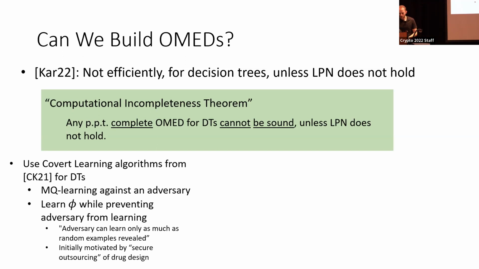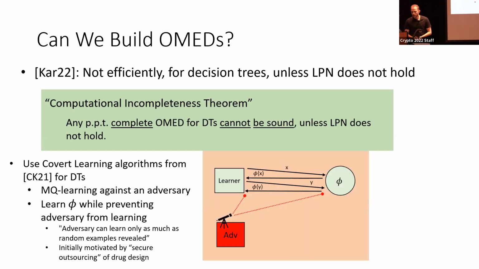The way we prove this is by making a connection to the covert learning model from the first paper. In the covert learning model, the situation we're entertaining is when a learner is working in the learning with membership queries model, with a twist. The learner is allowed to query some function to try to obtain an approximation. But at the same time, there's an adversary who is viewing all these queries and responses.